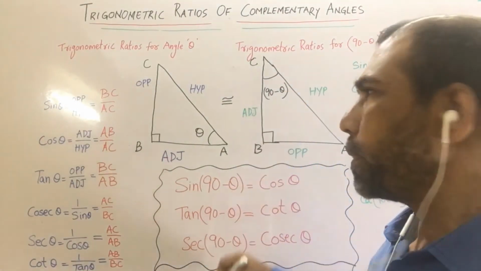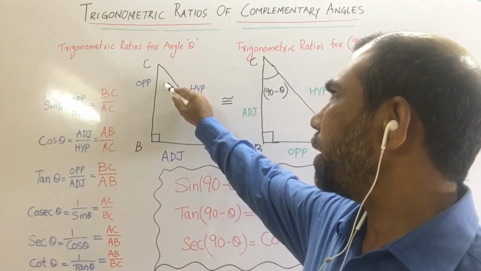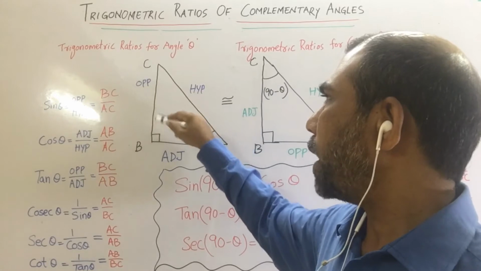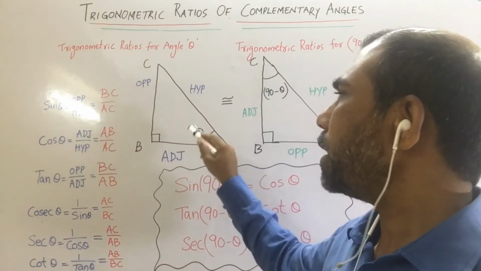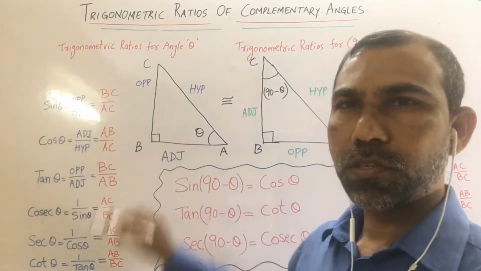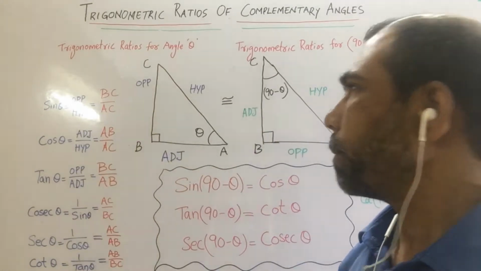That means if angle A is theta, then C will be 90 minus theta. When you add up 90 plus 90 minus theta plus theta, it will be 180 degrees. That means you can understand angle C is equal to 90 minus theta.